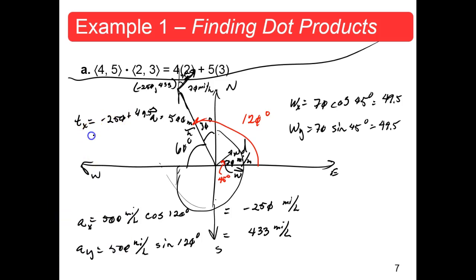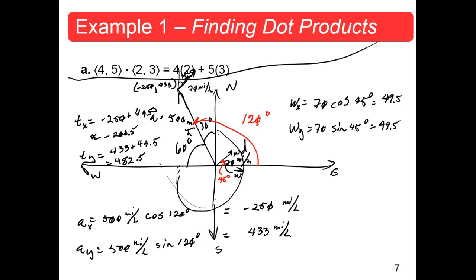Okay, and that gives us approximately minus 200.5, and T sub y would be 482.5. Okay, so those are the components.